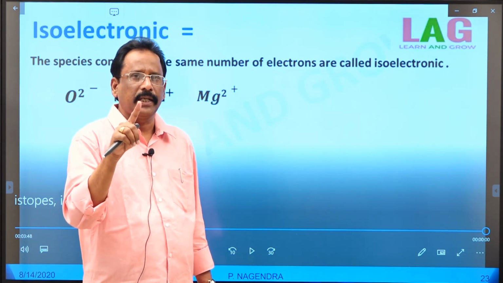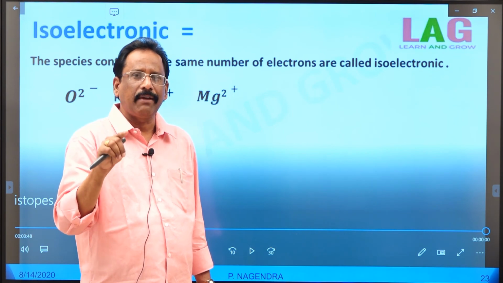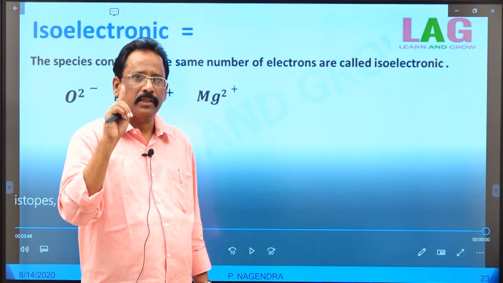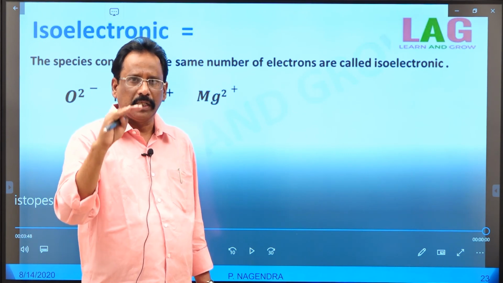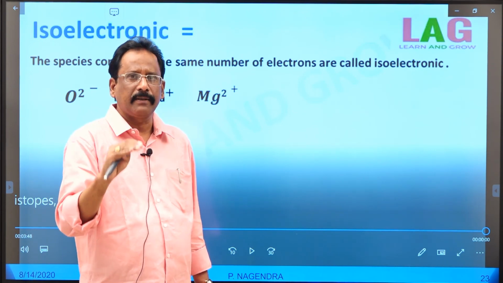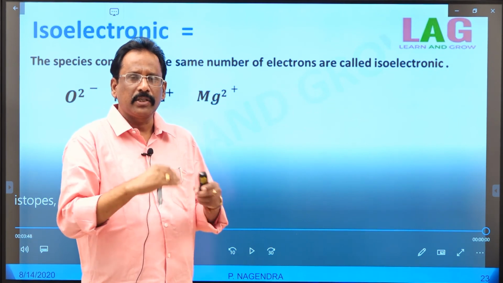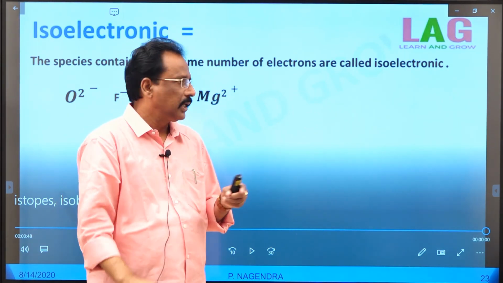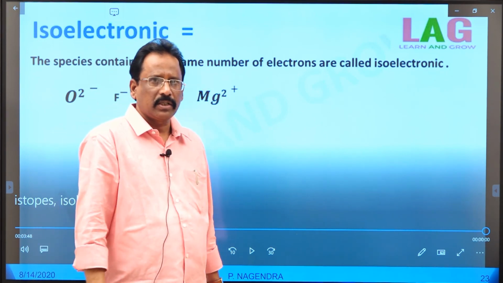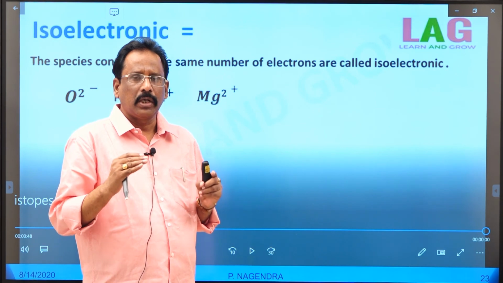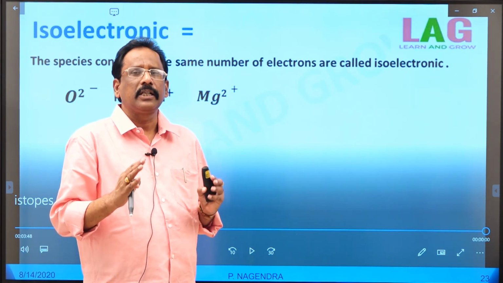Isoelectronic species means the ions have the same number of electrons. Iso means same. This is about the atomic number, mass number, and the way of calculating neutron number based on these three. These are the definitions of isotopes, isobars, isotones, isoelectronic species.